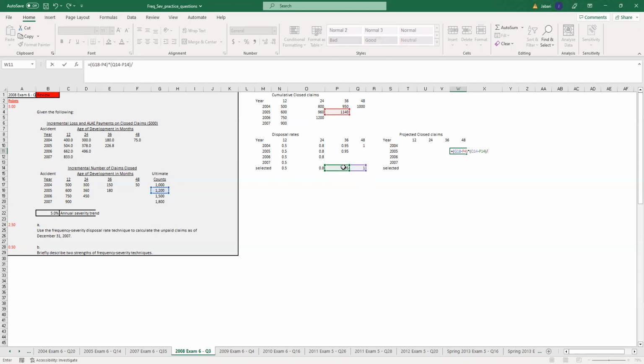Then we need to say, okay, if we have this many claims left, how much do we expect to have unreported? There's a few ways to calculate this, but I believe inside of the study manual, this is the only way that maintains the ultimate claim count. So that's what I use.